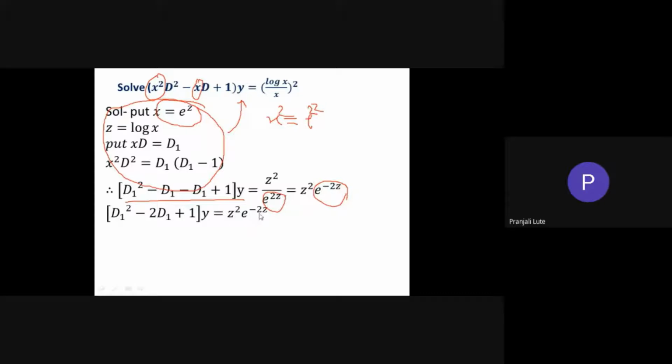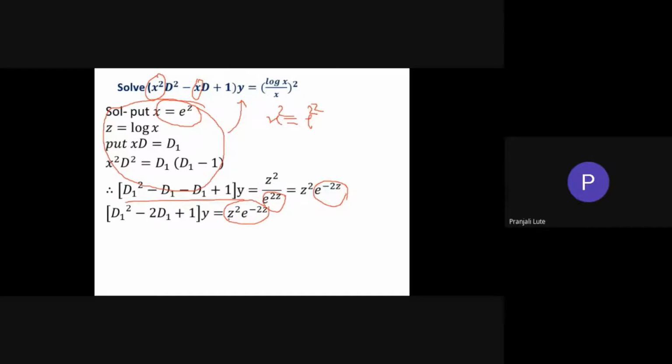According to the previous cases of finding particular integral, we have to apply case number 4 here, when the right hand side is e to the power ax into V. So how to find the complementary function and particular integral of this given differential equation?